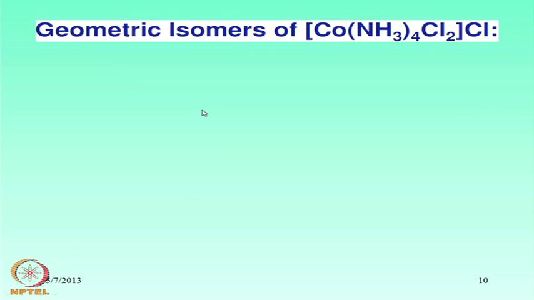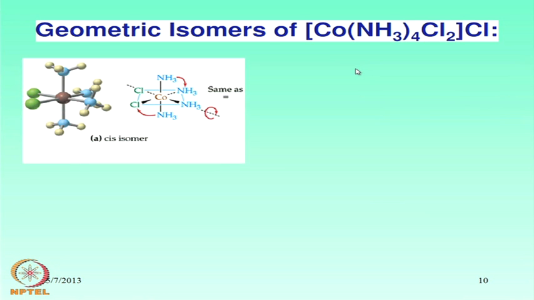So, what we see therefore, in case of an octahedral compound, starting from this square planar compound, if we go for the corresponding octahedral compound, we will get the corresponding symmetry for this, where we have the cis isomer.